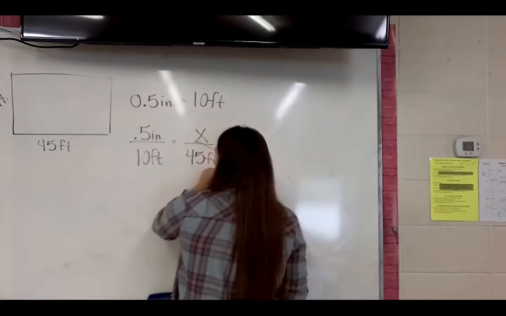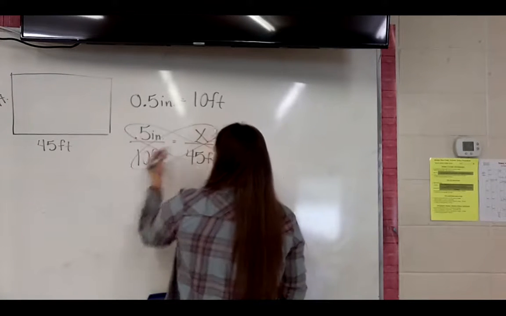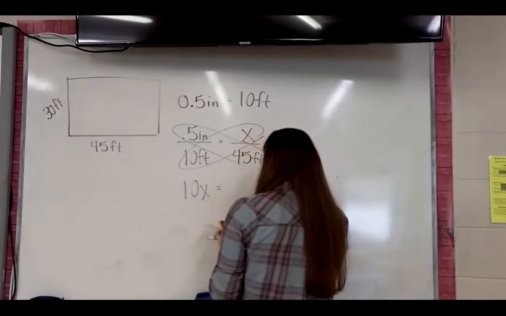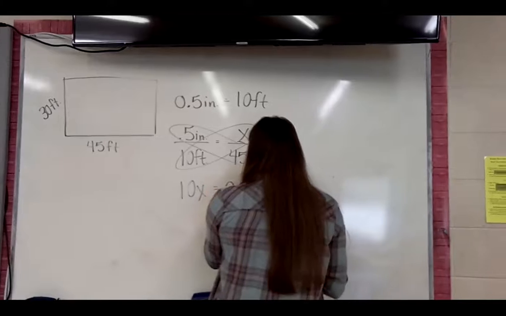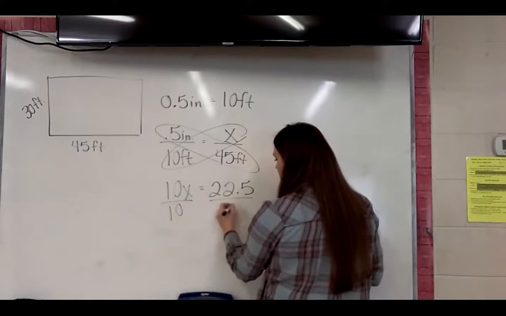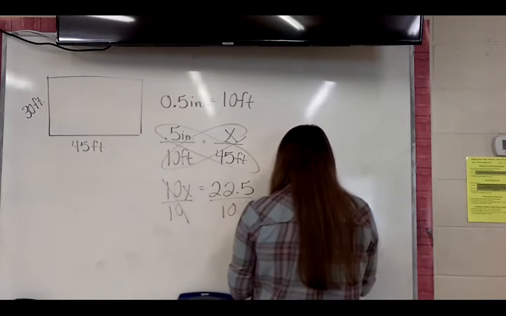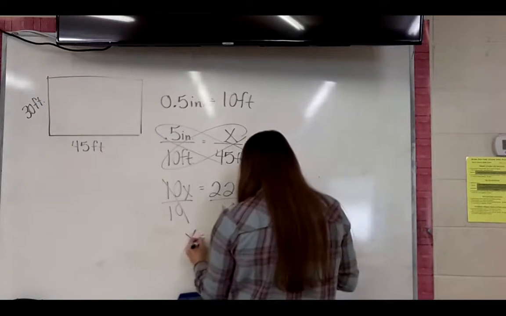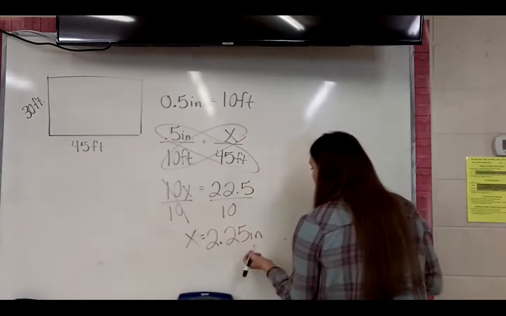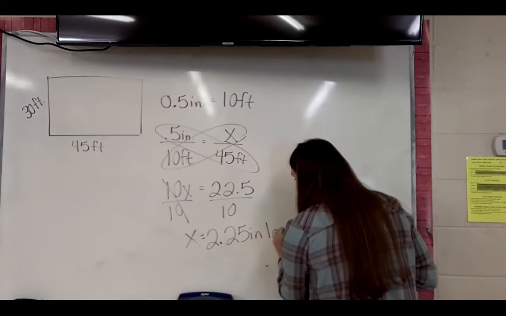I have to figure it out. So we cross multiply. Have 10x equals, I have 0.5 times 45, which is 22.5. And then I divide both sides by 10 to get 2.25 inches. So it's going to be 2.25 inches long.